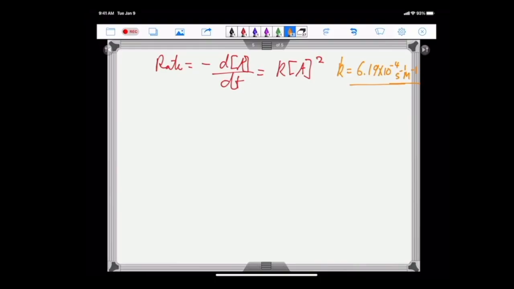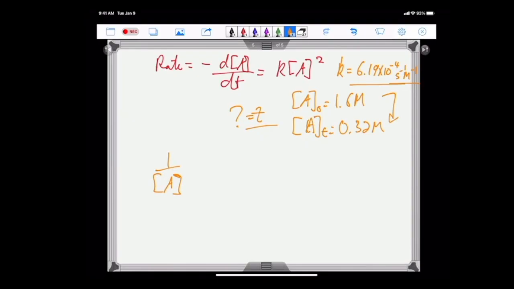We've got our K. We said at time 0, we started off with 1.6 molar. At time t, we have 0.32 molar. We're decreasing to this value. And what we need to find is how long it takes to get to that point. So if we go back to our integrated rate law, 1 over A at time t is equal to Kt plus 1 over concentration A0. We're given all these components. We're solving for t.